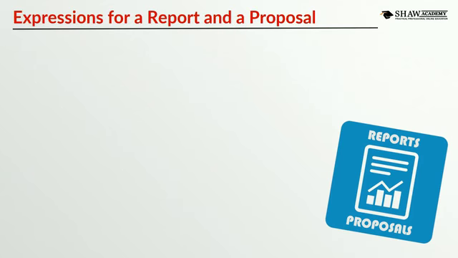Now, before we look at an example report, let's look at some expressions that we can use in reports and proposals. So like always, I'm going to give you guys some useful phrases and expressions, and these will help you throughout different parts of the report or proposals. They're nice sentences for you to use.